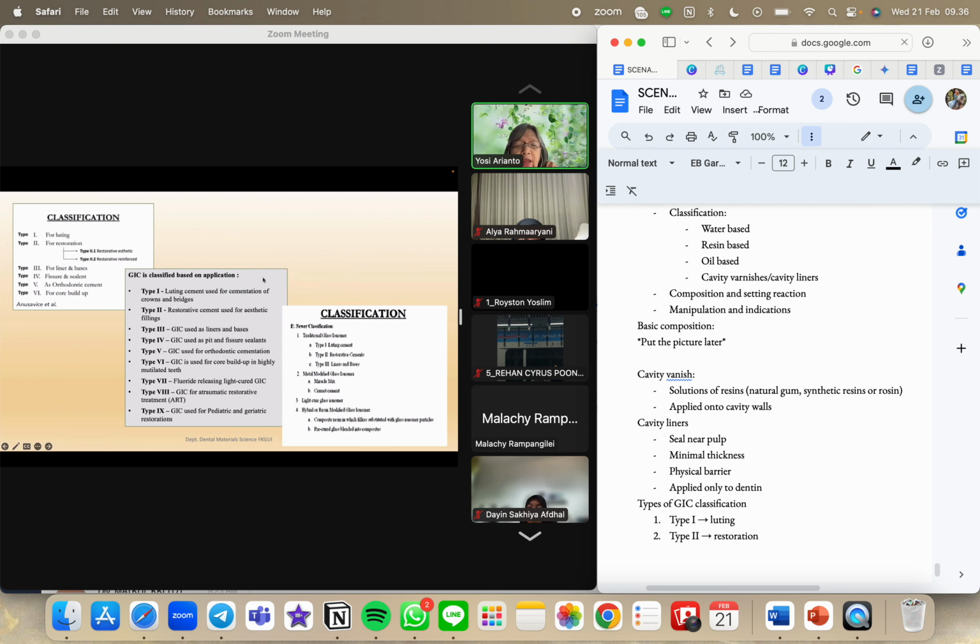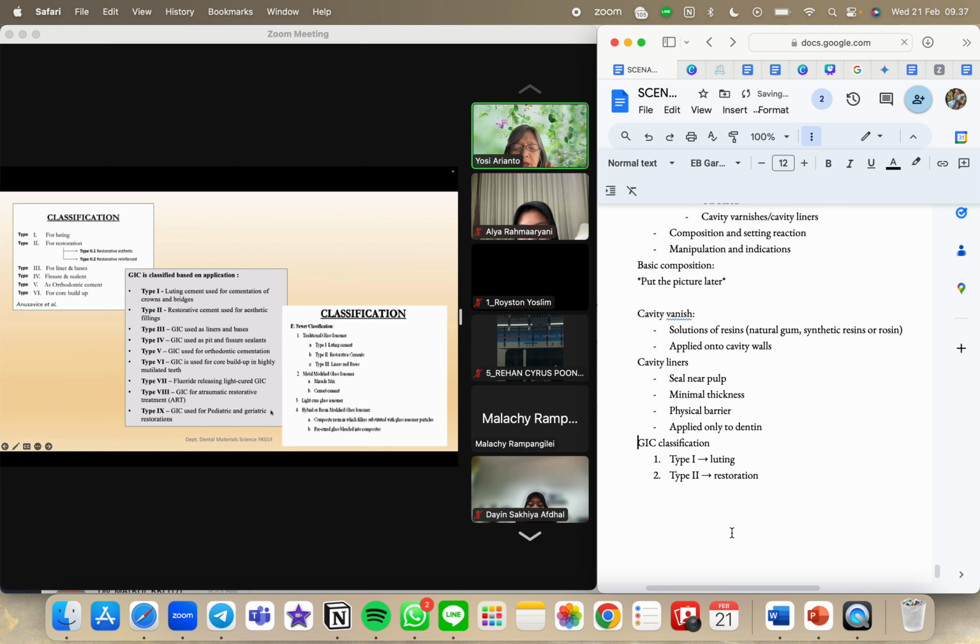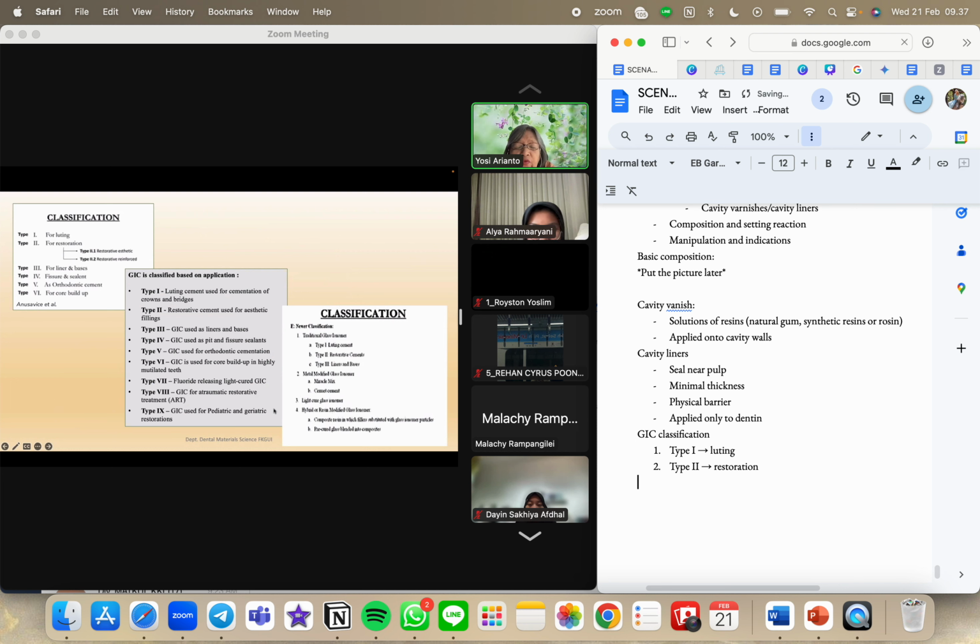So after that, in the development of the GIC, the classification changed based on the application, till type 9. Until type 6 is the same. And then we have type 7, the fluoride releasing light cured, which is usually because of the manufacturer GC. They develop the glass ionomer until type 9.